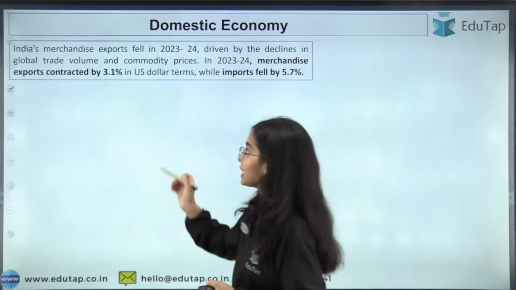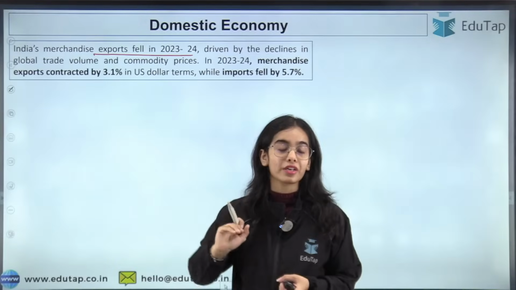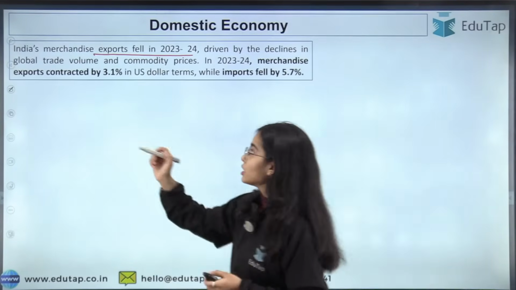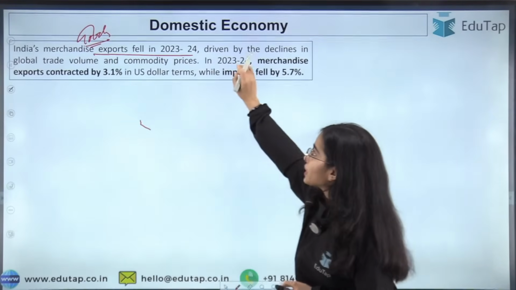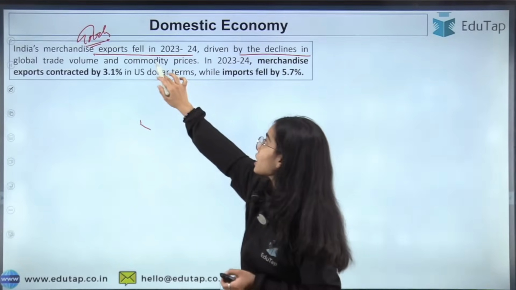Now coming to the next point, India's merchandise exports fell. As I have told you, the exports of our country were falling. India's goods exports fell in 2023-24, driven by the decline in global trade volume and commodity prices.